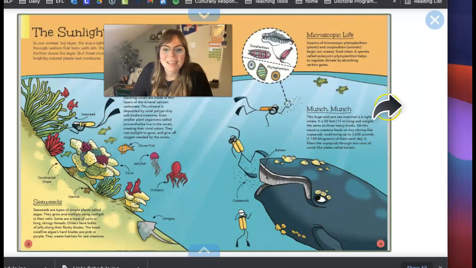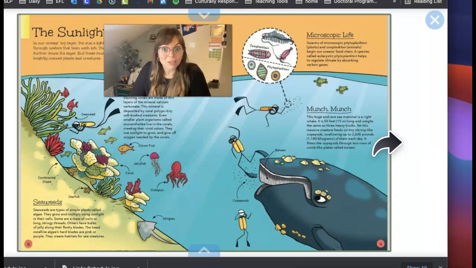Munch. This huge and rare sea mammal is a right whale. It is 50 feet or 15 meters long and weighs the same as 3 heavy trucks. Yet this massive creature feeds on tiny shrimp-like copepods, swallowing up to 2,600 pounds or 1,180 kilograms of them each day.